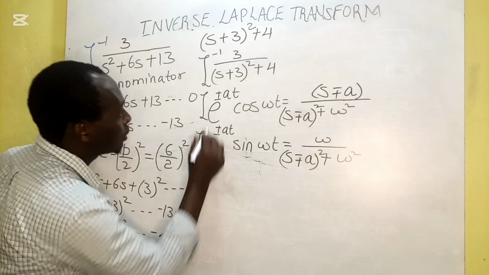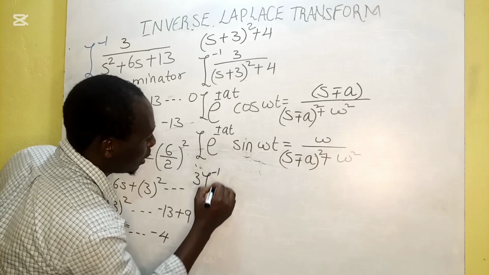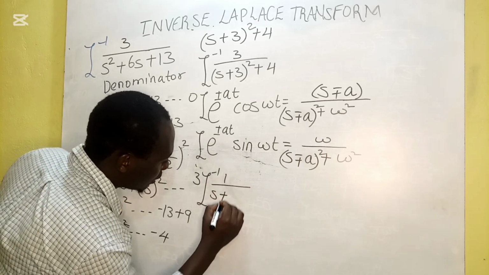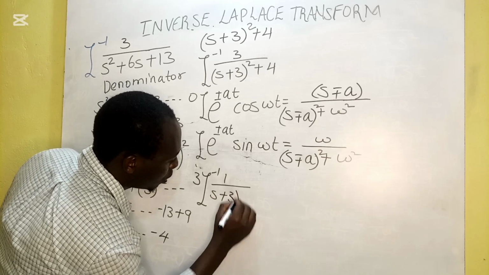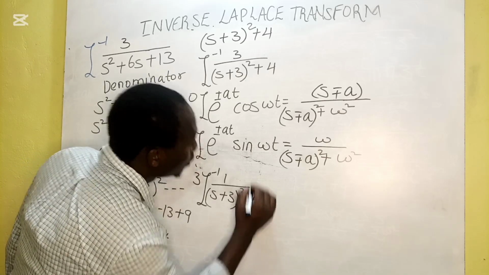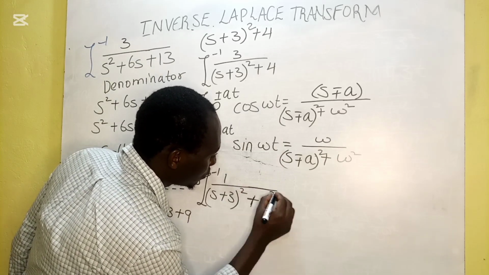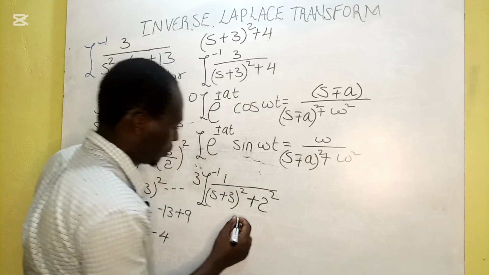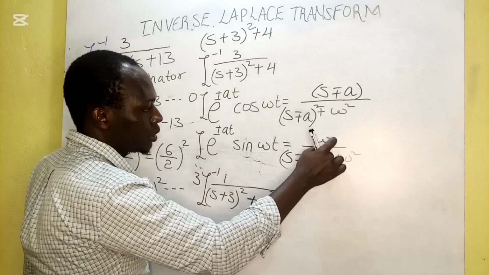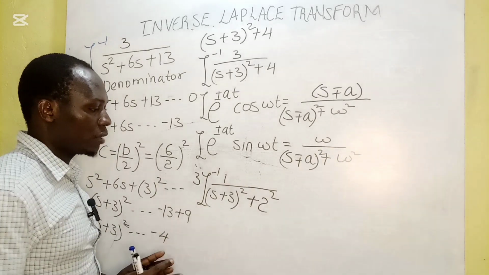Now we can factor out 3, inverse Laplace transform of 1 all over (s plus 3) squared plus 2 squared. Yes, we must have our angle at this point and at this point. They must be equal. And how can we do that?